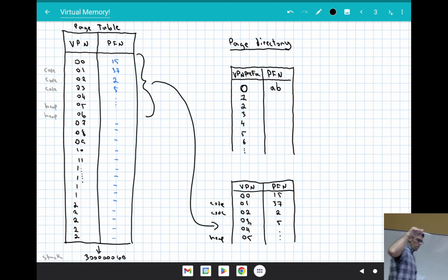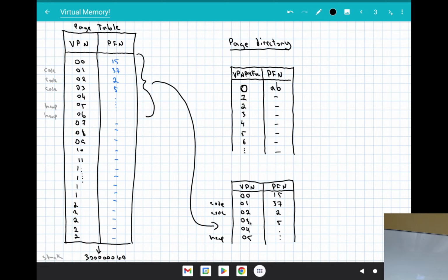But in this page table, I didn't allocate anything for pages that start with 1. And I didn't allocate anything for pages that start with 2. And I didn't allocate anything for pages that start with 3. So my page directory structure here itself can still be filled with blanks for these ones.